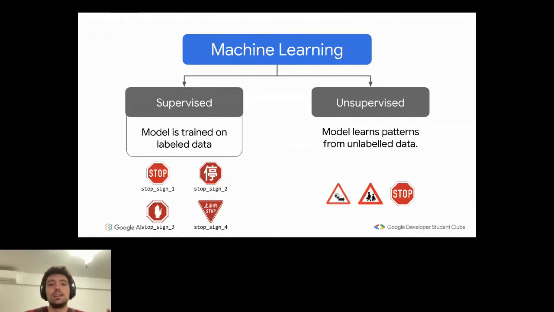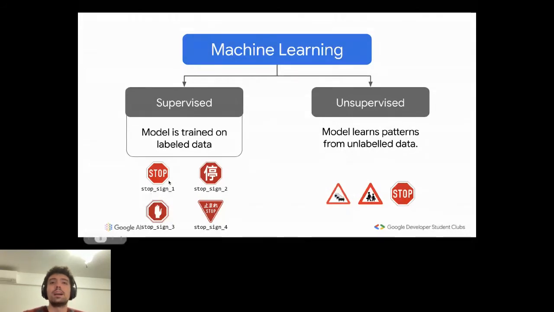As you may see over here, we have our images, and these images are labeled with some words that represent the actual label. I would say it's the outcome of the task that needs to be performed, right?